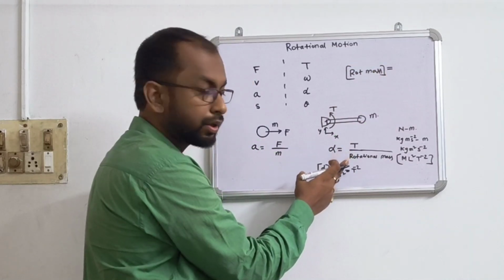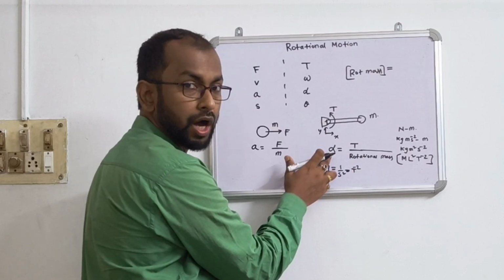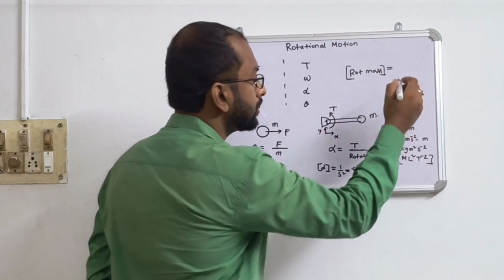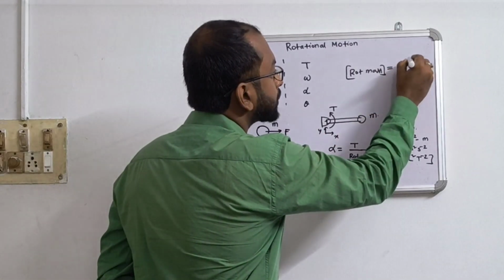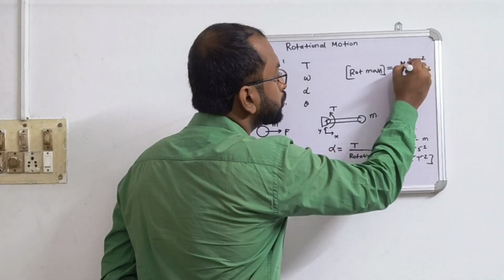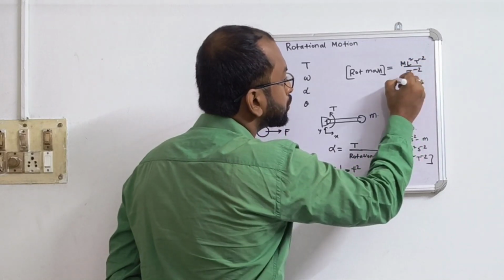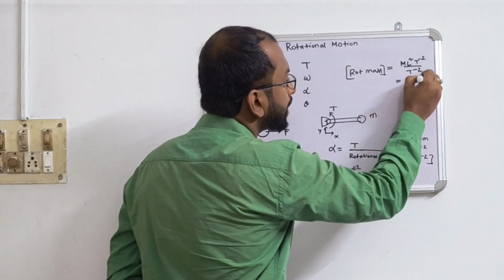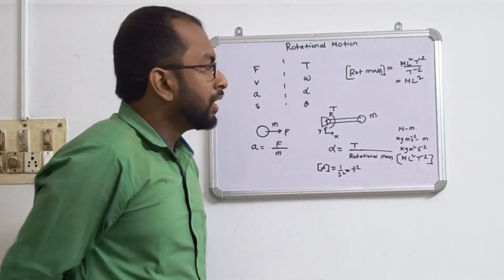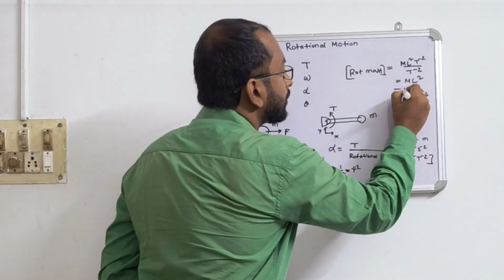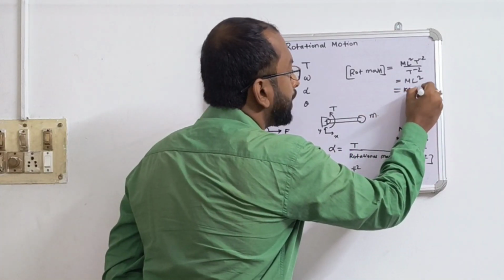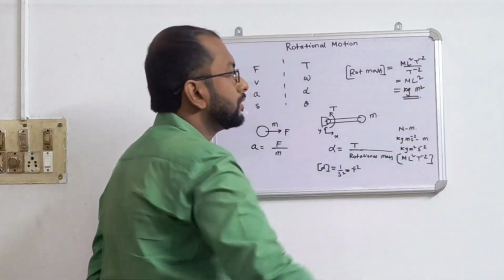Dimension of torque divided by the dimension of alpha, the angular acceleration. So M L square T to the power minus 2 by T to the power minus 2. So the dimension is M into L square. So it is kind of kg into meter square we can tell.